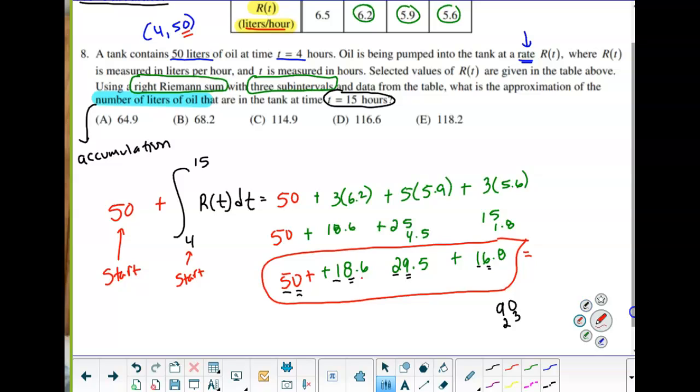And then let's do the decimals. 0.6, 0.5, that's 1.1, 1.9, so 1.9. And you can add those up. So we should get part C.